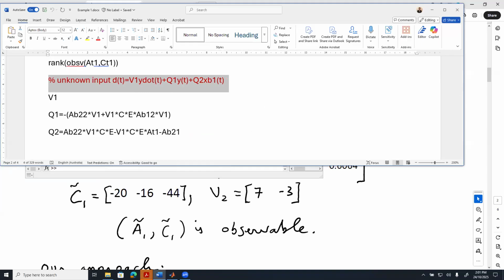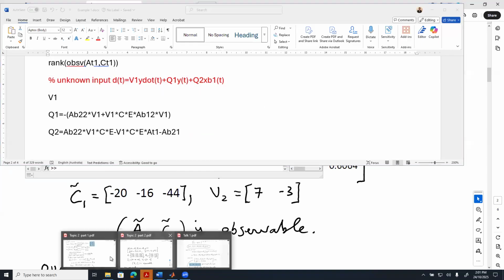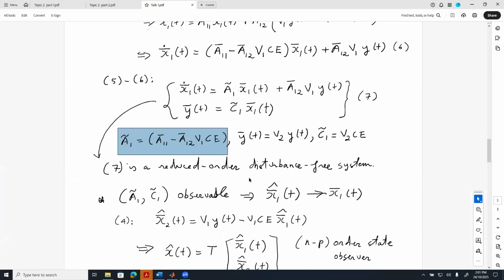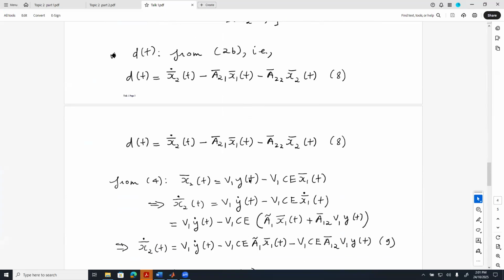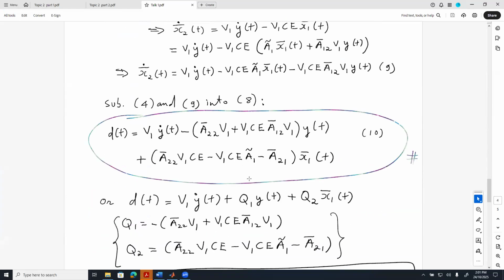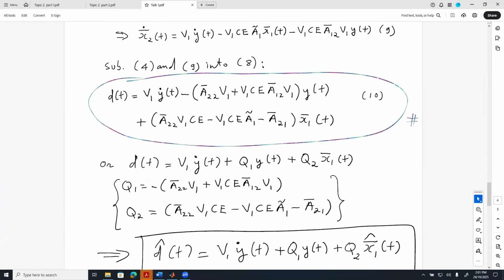And if we go back to the description of the unknown input, according to Hou and Muller, it is given by this expression. So we need to work out what is the matrix Q1, what is the matrix Q2, and Q1 is given by this expression, similarly Q2.